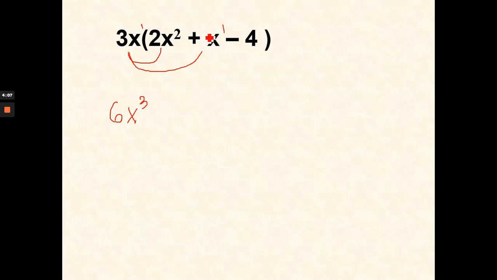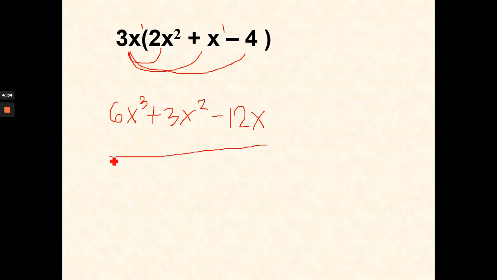So 3 times 1 is positive 3, then for x, 1 plus 1 is 2. The last one, 3 times negative 4 is negative 12. Since we do not have a variable here, just copy the variable. So the product of this expression is 6x cubed plus 3x squared minus 12x.